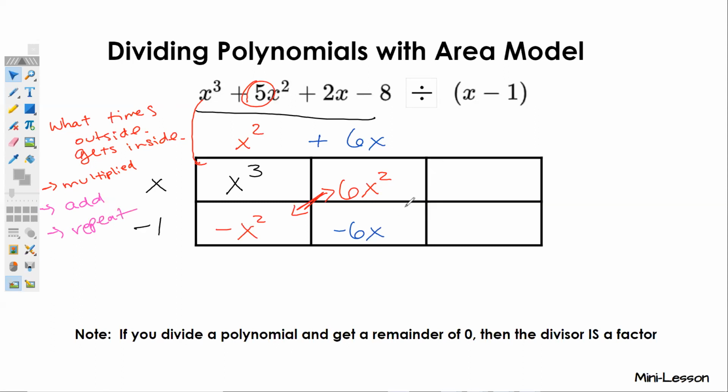So now you're going to ask yourself, you're multiplying 6x times negative 1. Right here? Yeah. Because we're trying to do negative 1 plus what would give us 5.